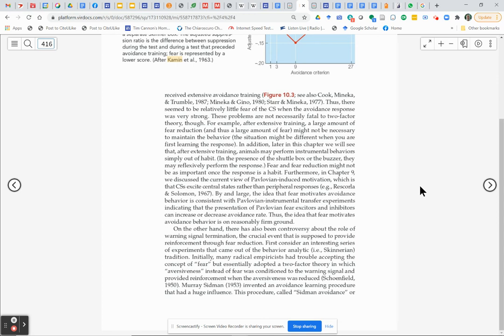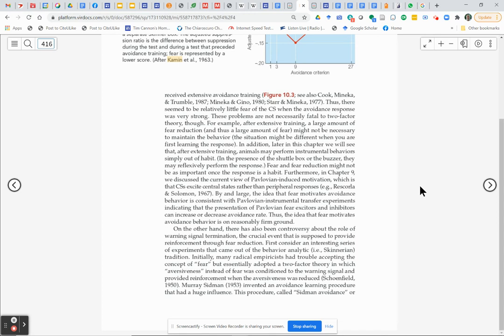So there's the behavior analytic, Skinnerian tradition. They don't like theoretical constructs. They don't like the concept of fear, but they still sort of went down this path. And Sidman is important to me. I've done this one.